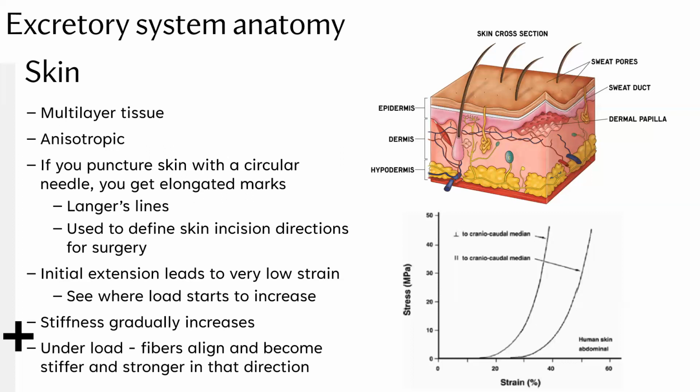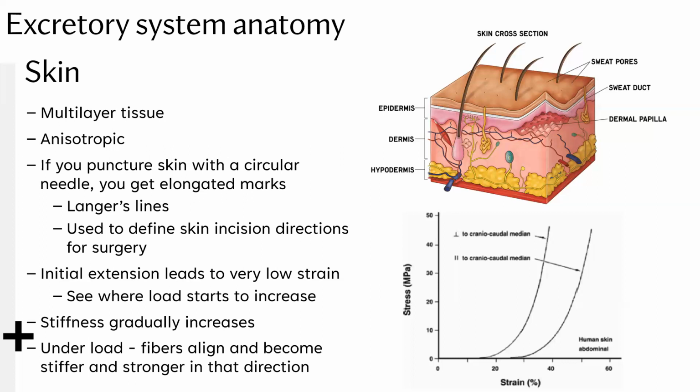It starts with a low slope, and then it increases. So it's becoming stiffer and stiffer as you exert more stress and as it is stretched further. The reason for that is the alignment of the collagen fibers, the protein fibers in your skin.